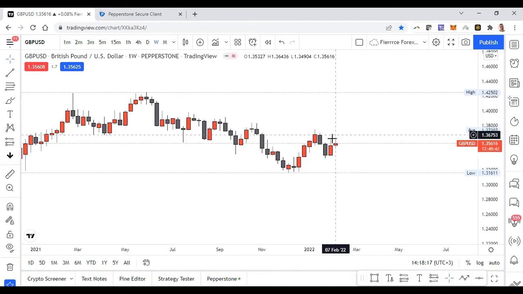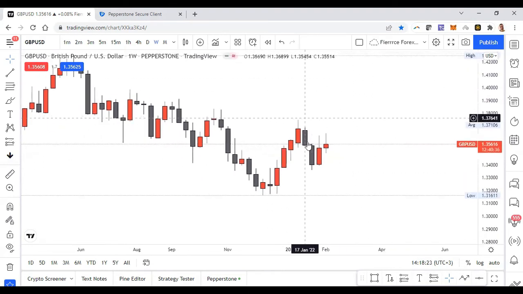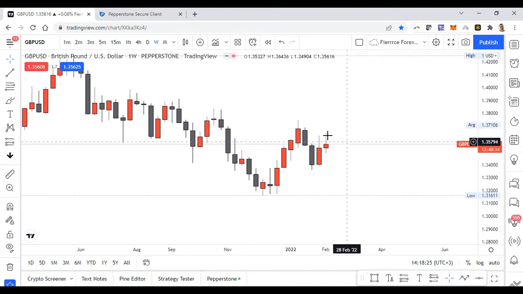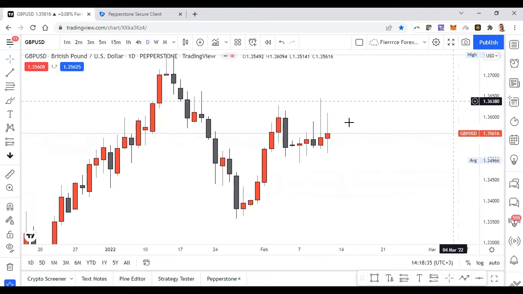Now we closed bullish, but there was rejection topside, making me think, okay, are we really going to see a continuation to the upside, or will we begin to see GU drop lower? Maybe the daily will give me some insight.